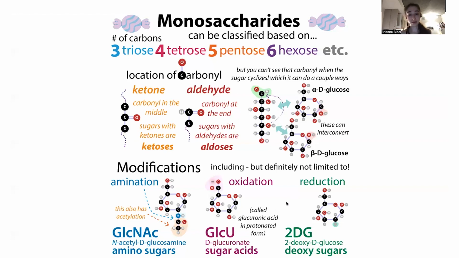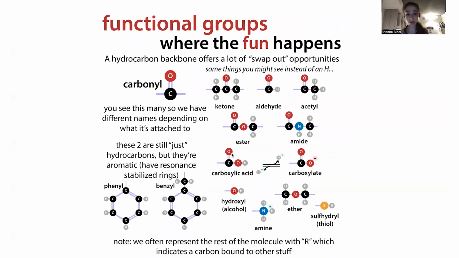Okay, and this oxidation, just a fun note. This is glucuronic acid or glucuronate. This carboxylate group can go between carboxylic acid and carboxylate just by gaining or losing a proton, H plus.